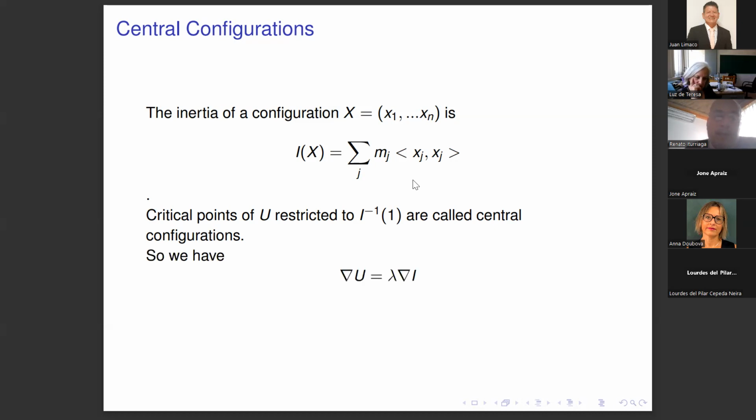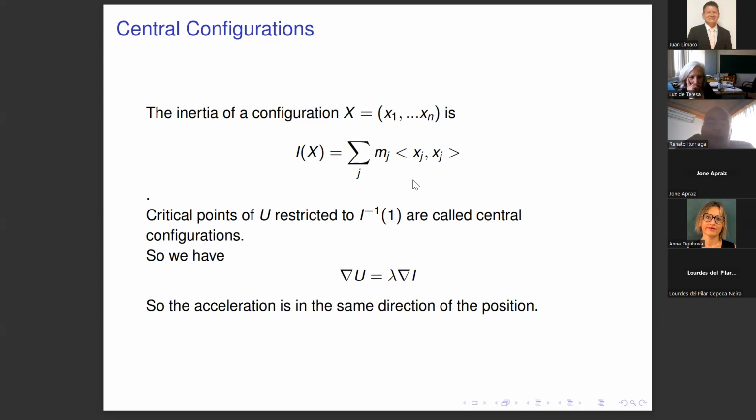So that means that the gradient of U is proportional to the gradient of I. What it means is that the acceleration is in the same direction as the position.